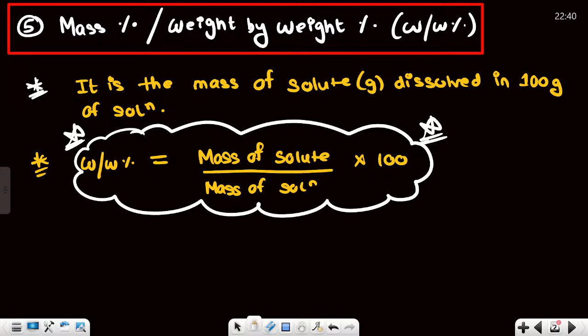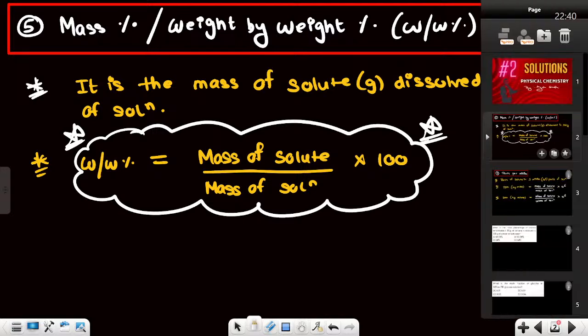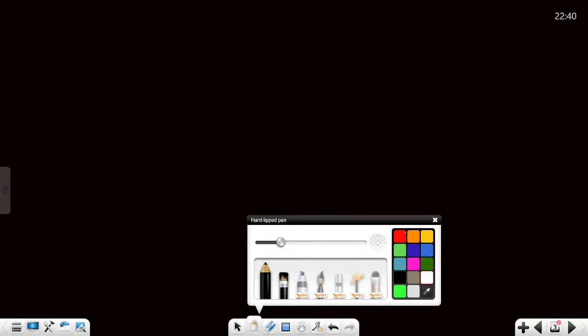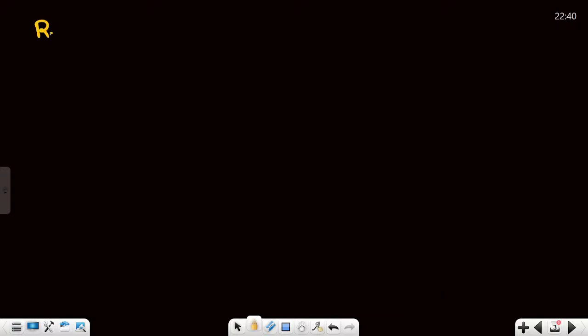Okay. Next I am just telling you one small thing, that is the relation between weight by weight percent, molarity, and density of the solution, which will be required for your JEE mains, advanced, and NEET.